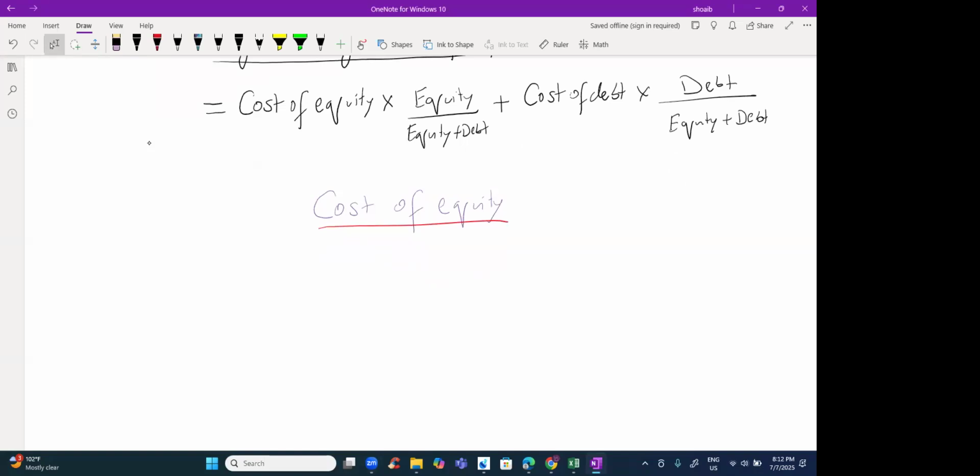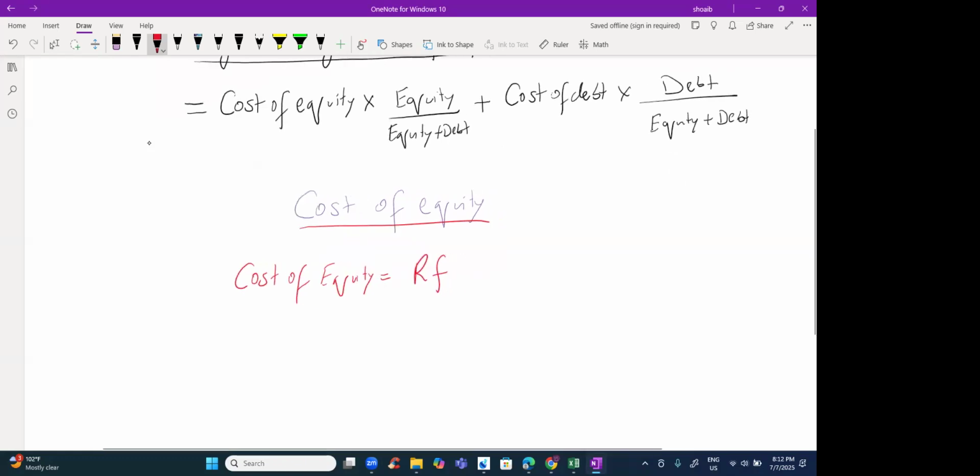And the formula is: cost of equity is equal to risk-free rate plus beta into equity risk premium.